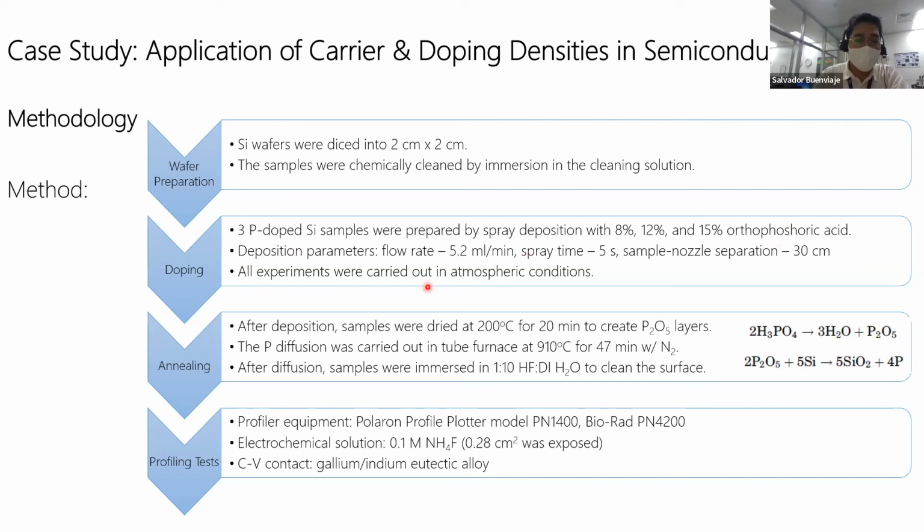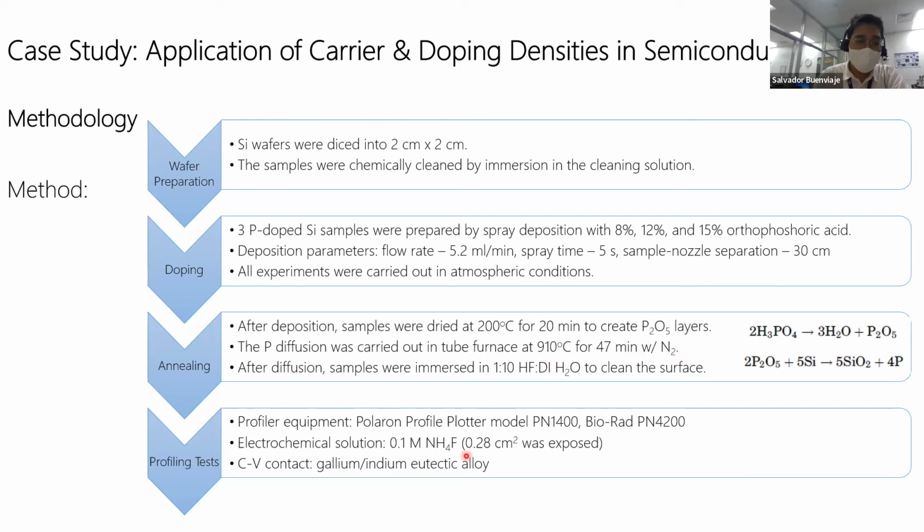All experiments were carried out in atmospheric conditions. After deposition, the samples were annealed, dried at 200 degrees Celsius for 20 minutes to create the P2O5 layers as governed by these chemical reactions. Then the P diffusion was carried out in a tube furnace at 910 degrees Celsius for 47 minutes with N2.